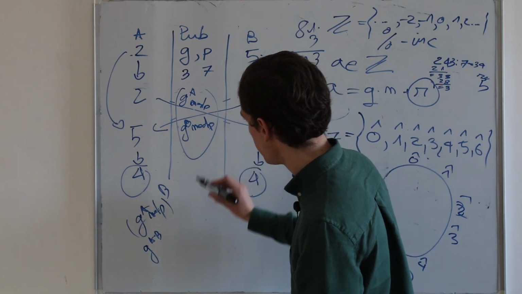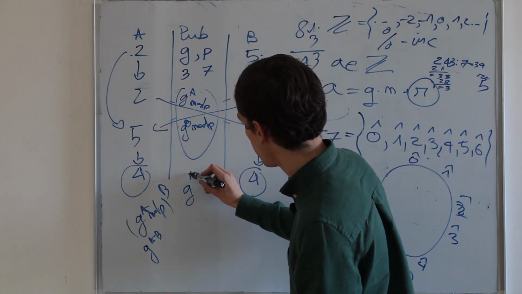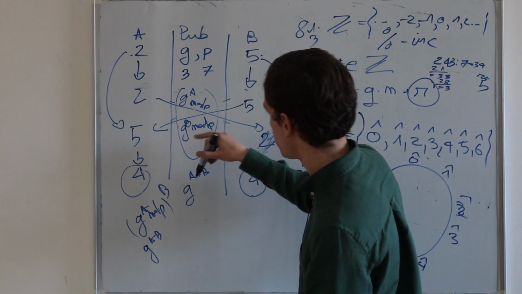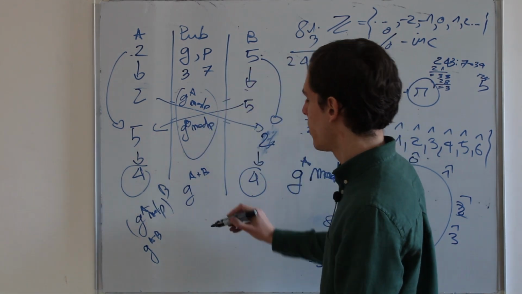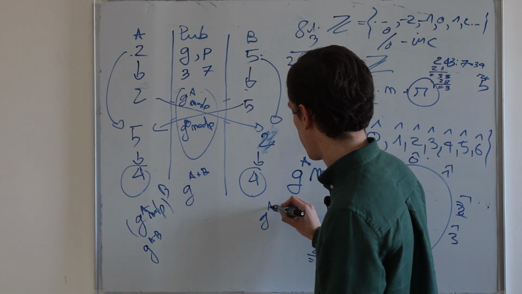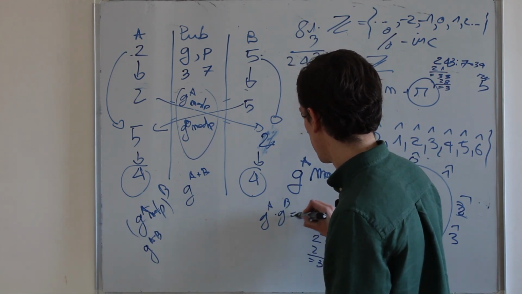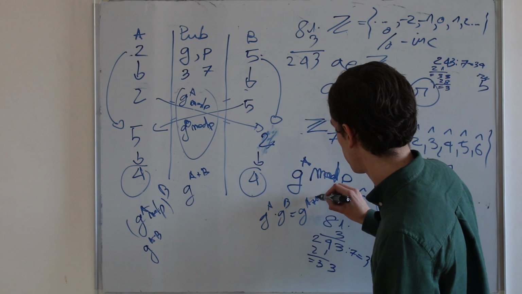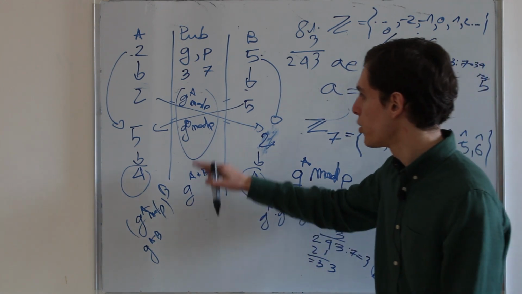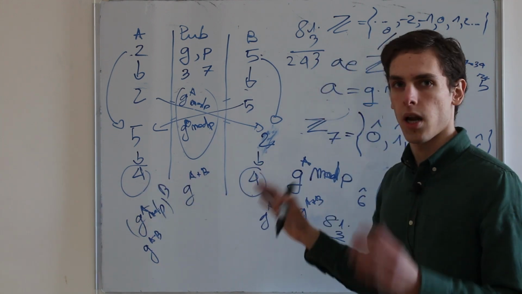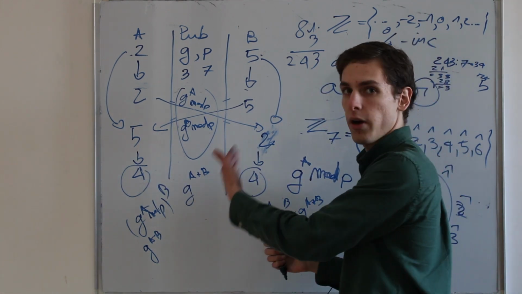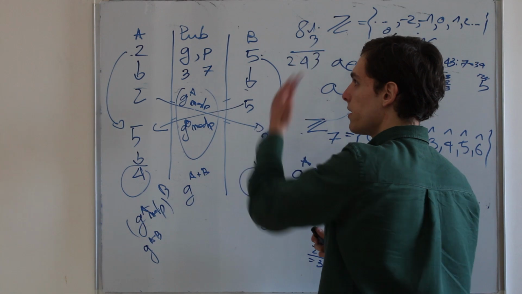If you multiply this, it would be g to the a plus b, because it would be g to the a modulus p times g to the b. And if you have g to the a times g to the b, it's g to the a plus b. So you wouldn't be able from this information to reach this number, which is now our private key. This is why this is secure.